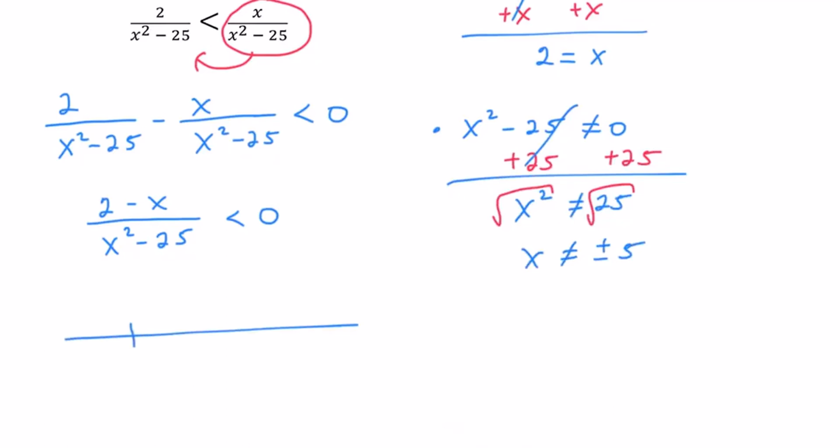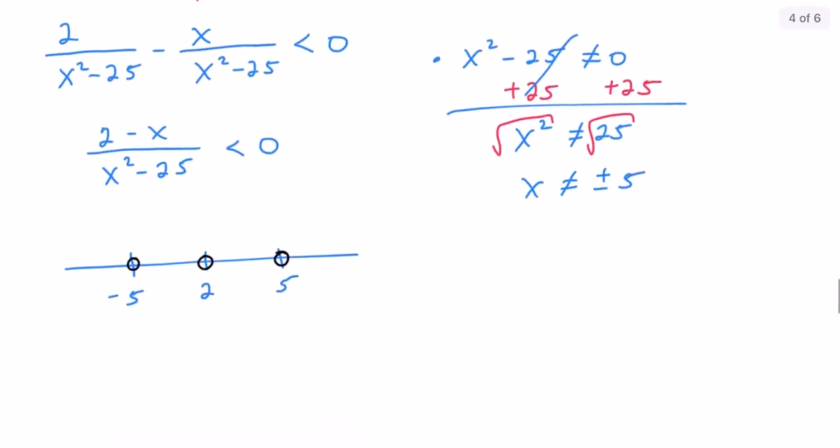So here we have three numbers, negative 5, 2, and 5. Our inequality is strictly less than 0. That means at negative 5, 2, and 5, we have open circles. Let's test points.